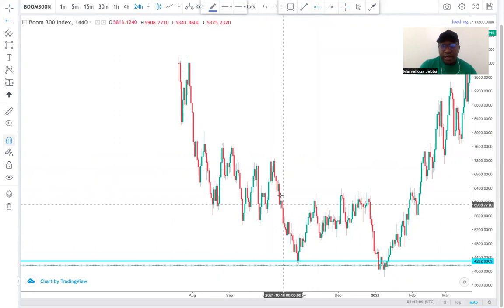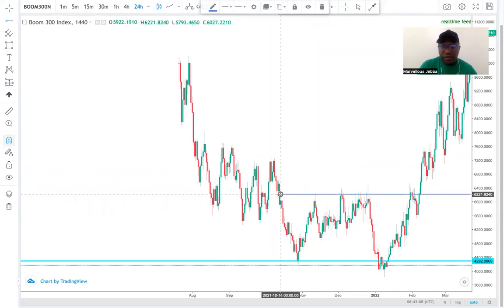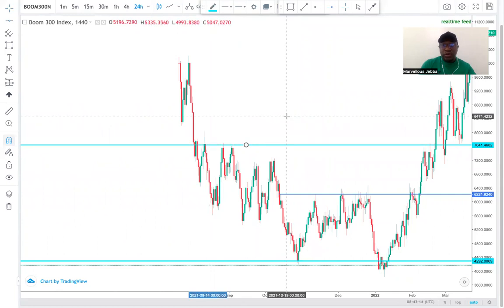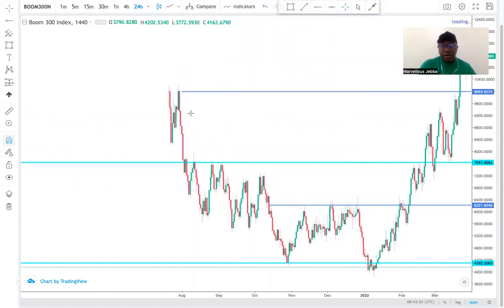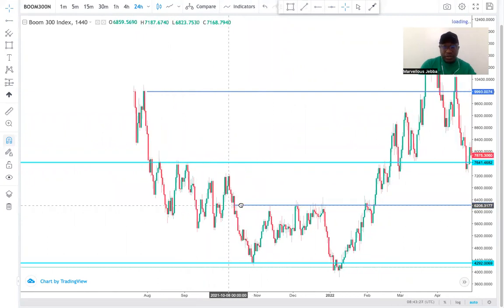This is a high of this market now. This is a minor level, and this was our major, before the bigger major, before our bigger trend.